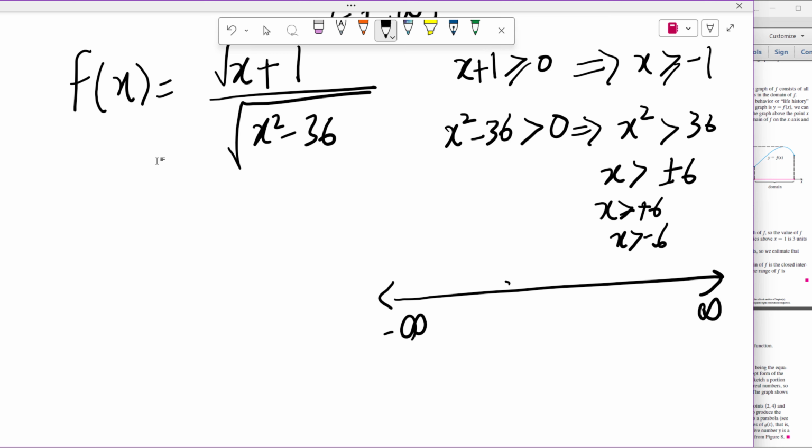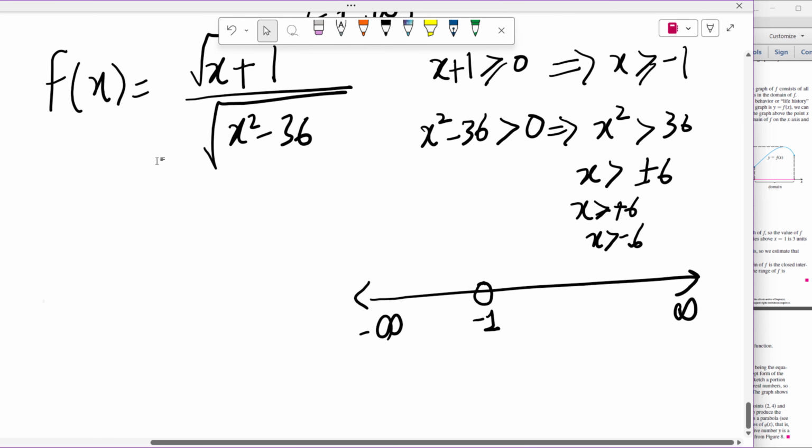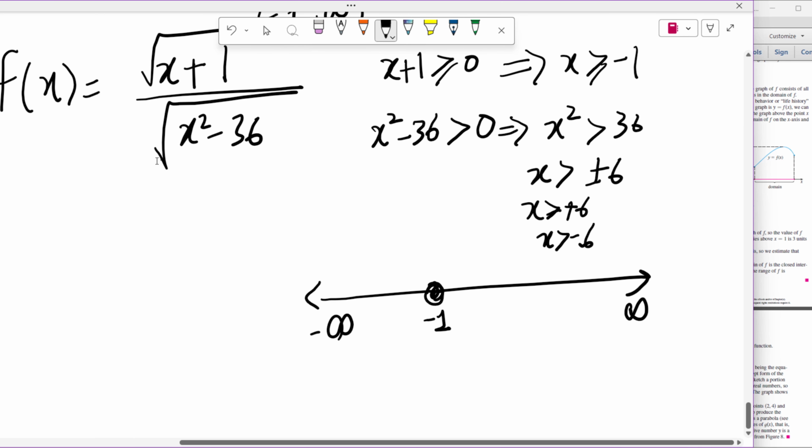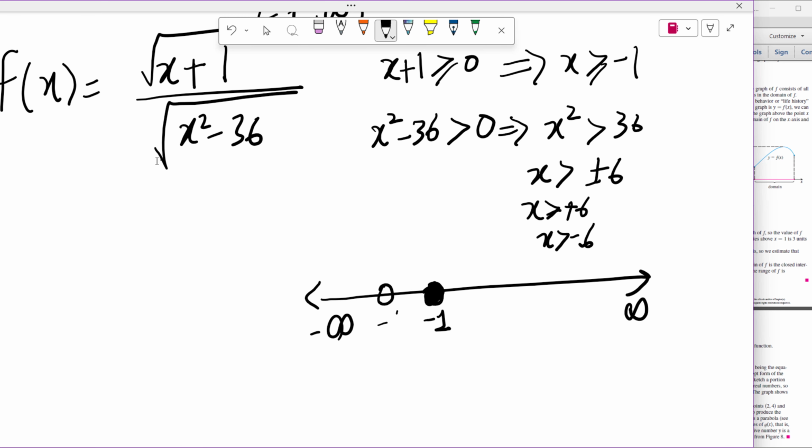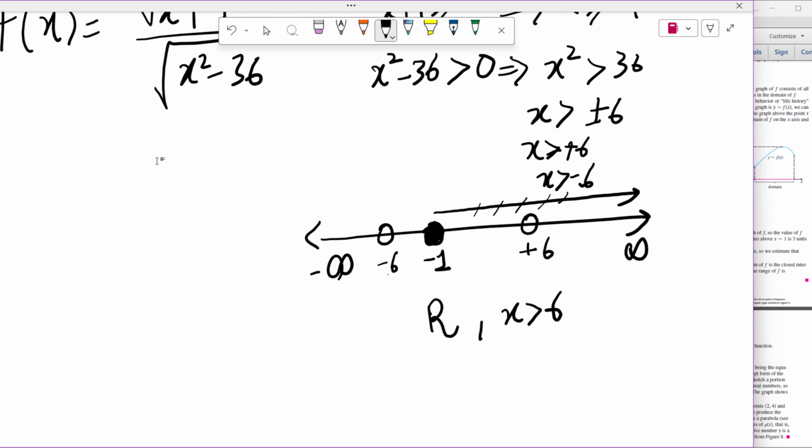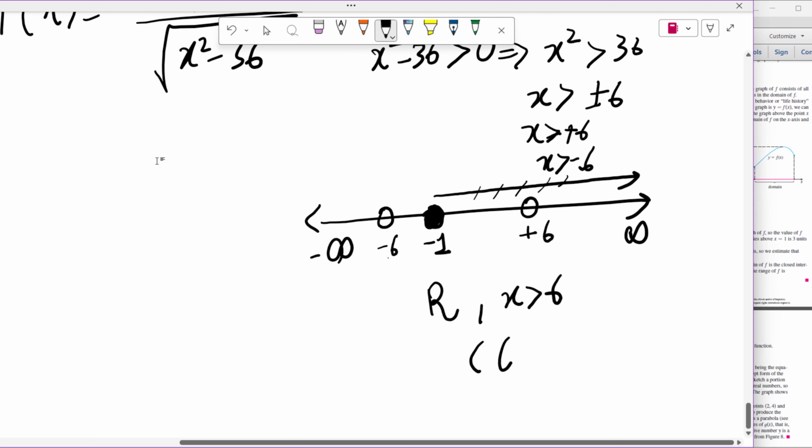So x should be greater than or equal to minus 1. This is minus 1, but minus 1 is included, so I have to use the filled circle. Minus 6 and plus 6, so I can write 6 up to infinity. So this is the domain.